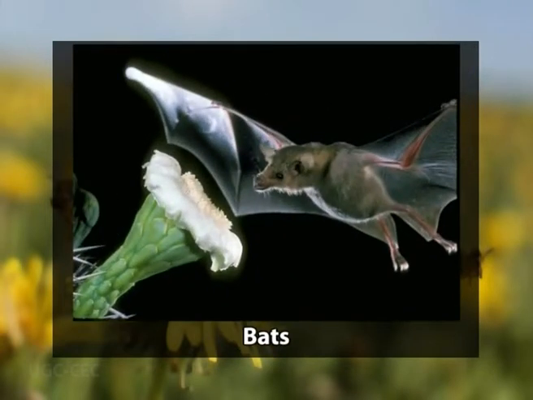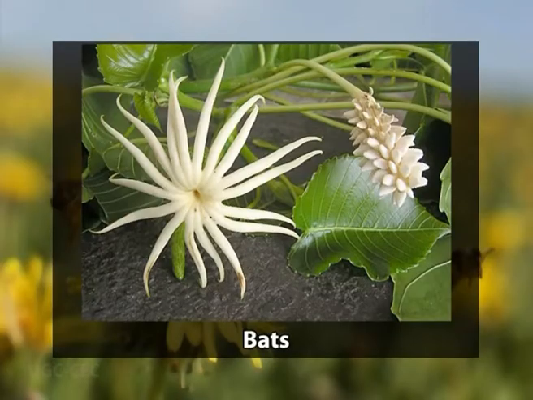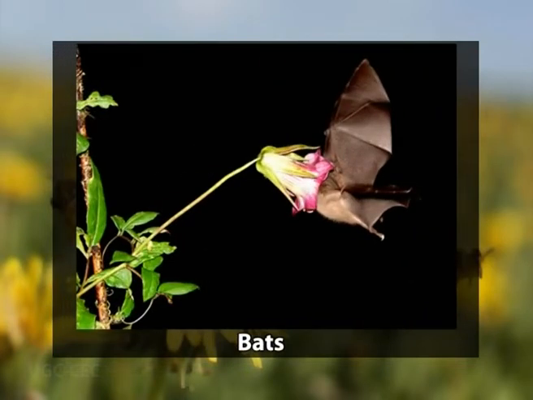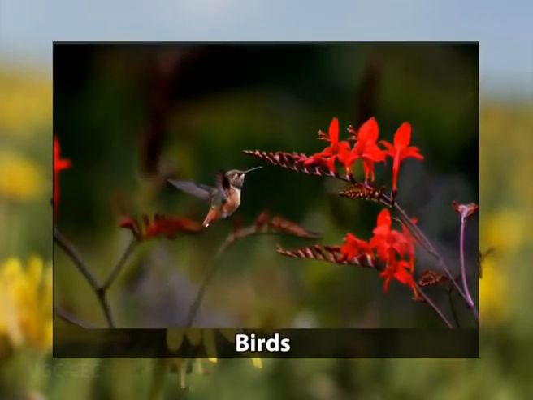Bats, being nocturnal, are not visually guided. The color of bat pollinated flowers may be white, cream, dull green or dull purple. Birds have a strong visual sense and show preference for red and orange colored flowers. Thus, bird pollinated flowers are red or orange in color.